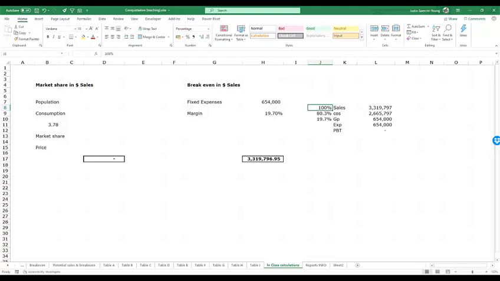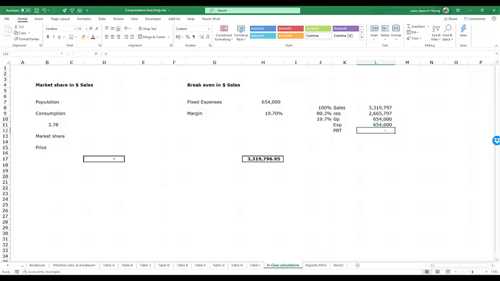The fixed expenses have been plugged in under expenses. The profit has been made to be 0 because we are calculating break even, and at the point of break even, fixed expenses and gross profit are equal to each other. So mathematically that must be the case, because 654 minus 654 must get us 0.